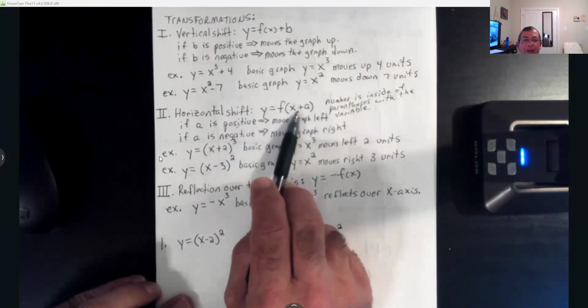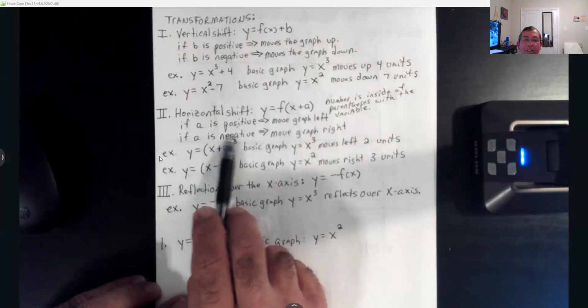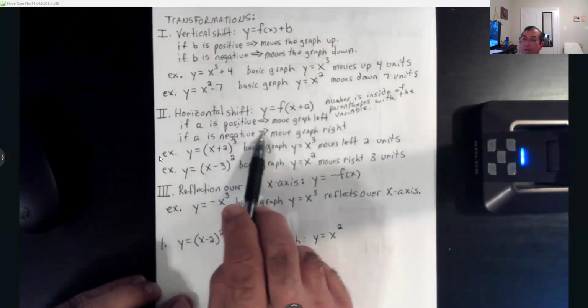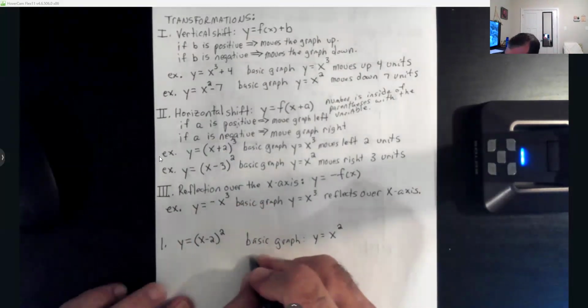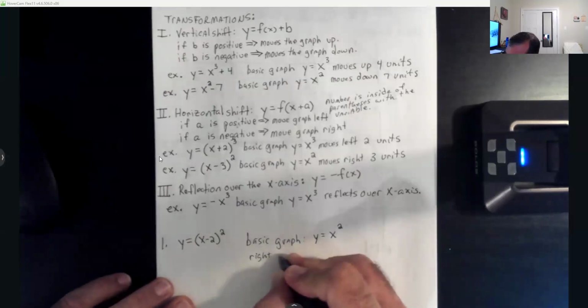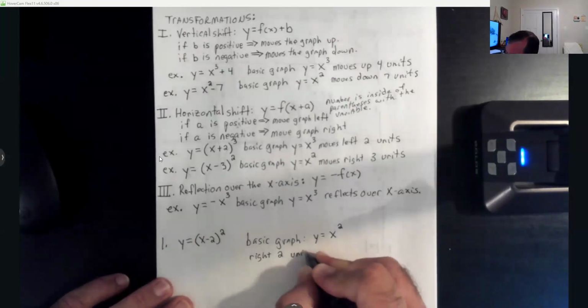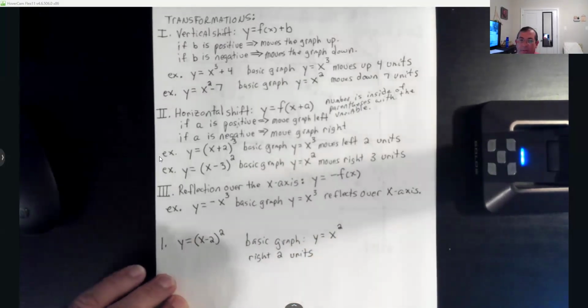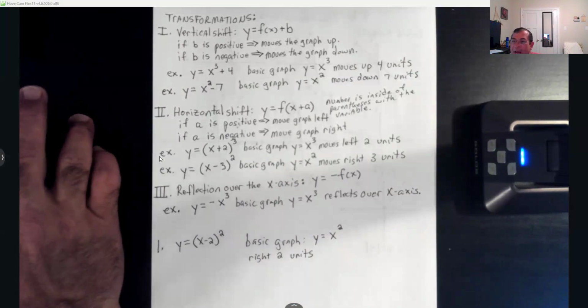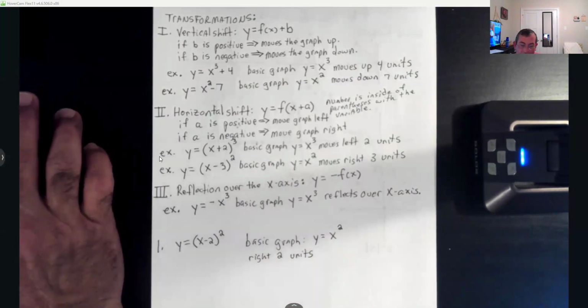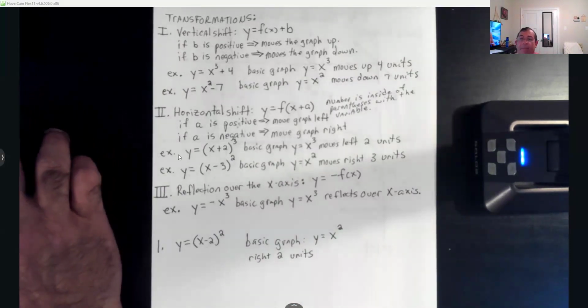So when it's got parentheses, we said if that number is negative, it's going to move my graph right. So that means this is going to go right 2 units, okay? So that's basically what we got to put in MathLab to start, and then we graph it, okay?